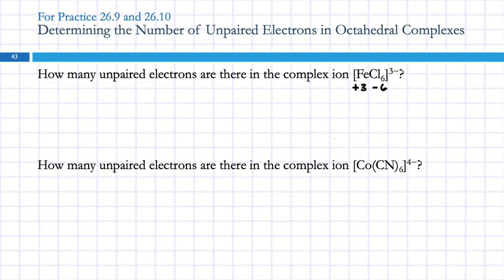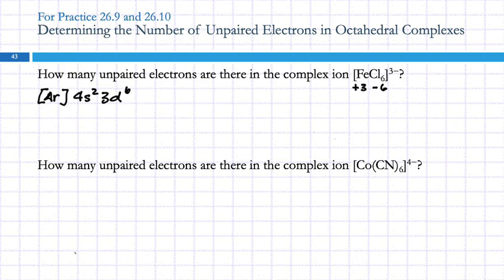So then we have to look at the electron configuration for iron. So that's going to be argon. And then after argon, we get 4s2, and 3d, how many? 1 for the scandium, 2, 3, 4, 5, 6. 6 electrons. Okay? That is an iron atom.